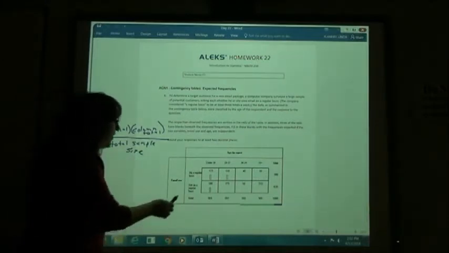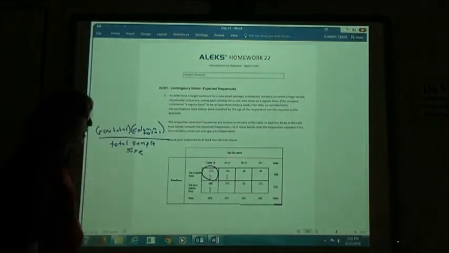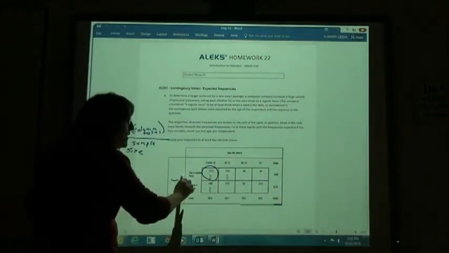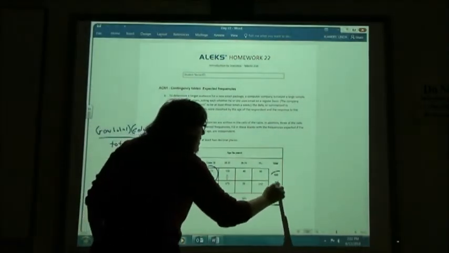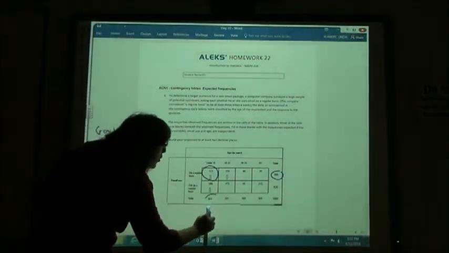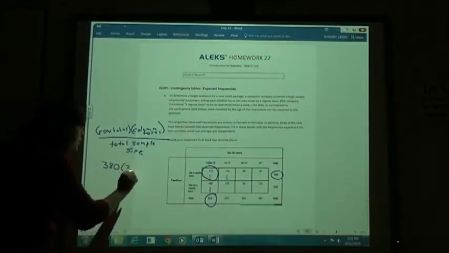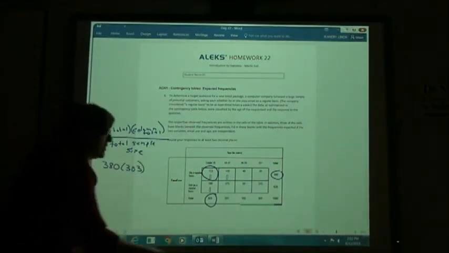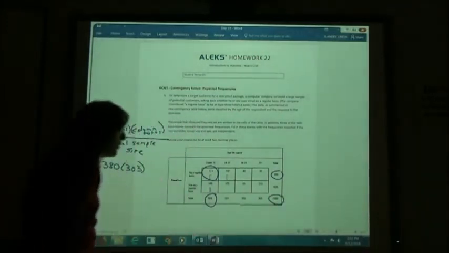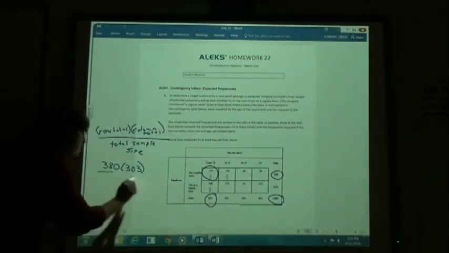So, in order to figure out this first one here for under 18 on a regular basis, I'm going to take my row total, which is the 380, times my column total, which is the 303. So 380 times 303, I'm going to divide it by the total of the sample, which is the 1,000 down there in the corner.